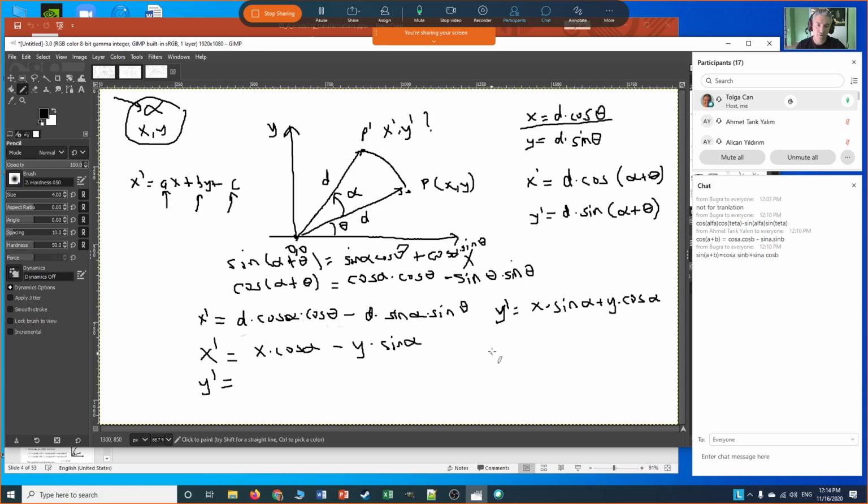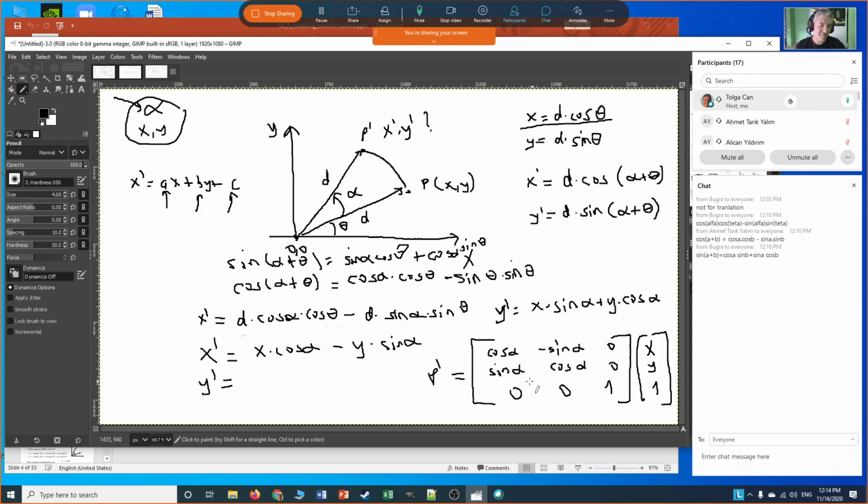So in other words, if I have this matrix, cos alpha, minus sine alpha, and then sine alpha, cos alpha, and 0, 0, 0, 0, 1, and I multiply it with any xy point in 2D, what do I get? I get my p prime.